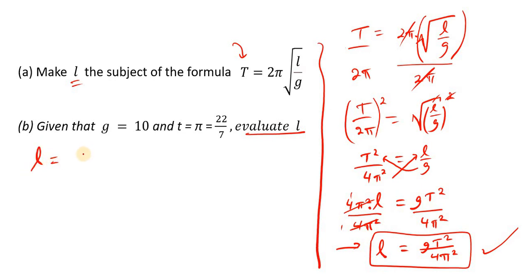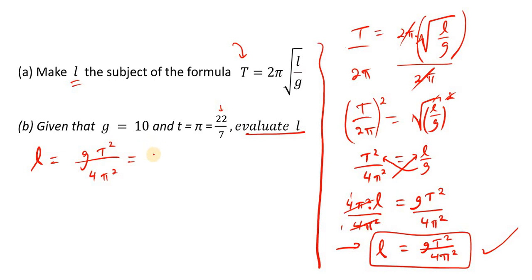L equals G T squared all over 4 pi squared. In order for us to evaluate, what we need to do is to replace variables with values. Or we can say constants with values too, right? Because pi is really a constant, and the constant they want us to take pi as is 22/7.